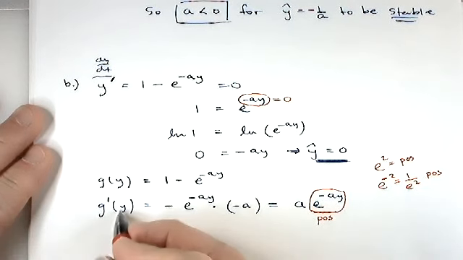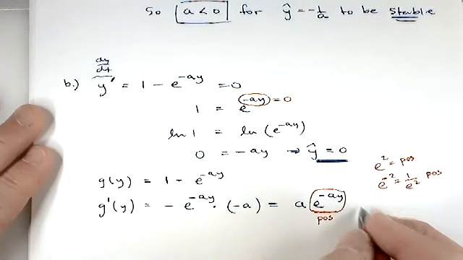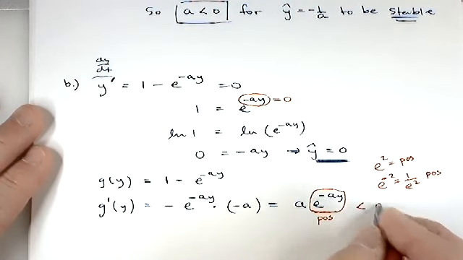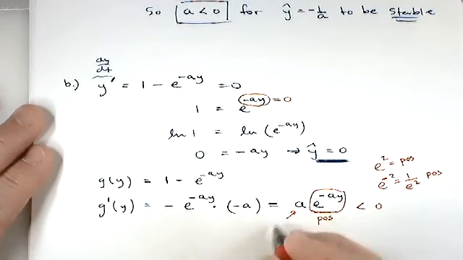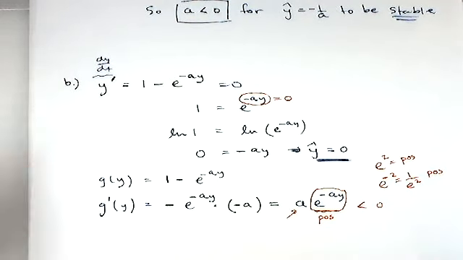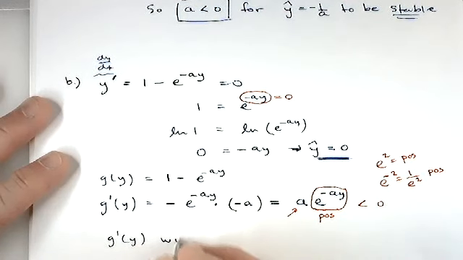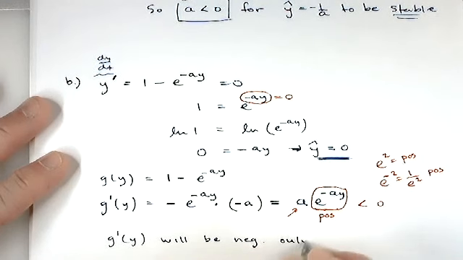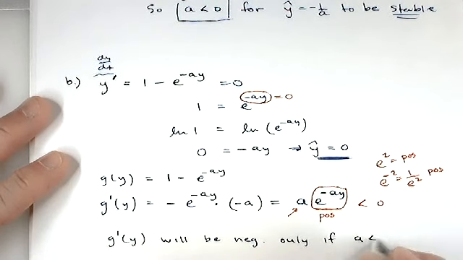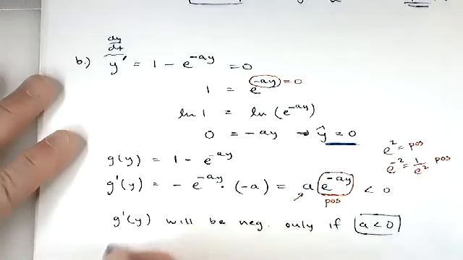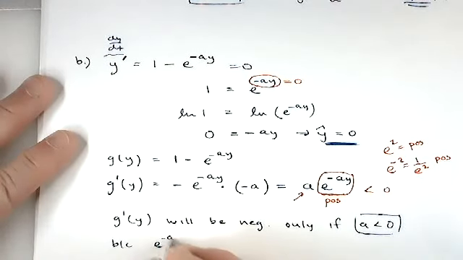So the only possible way this could come out to be negative, because that's what we're looking for, is only if a is negative. So I'll put g prime of y will be negative only if a is less than 0, because e to the negative ay is always positive.